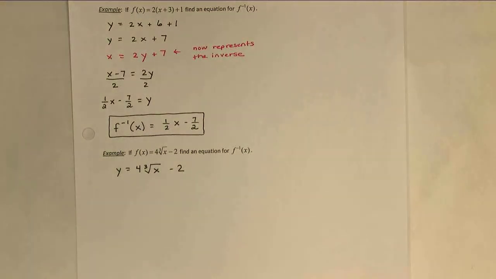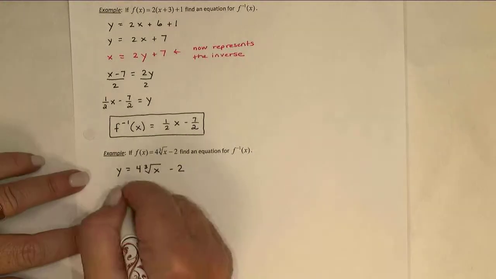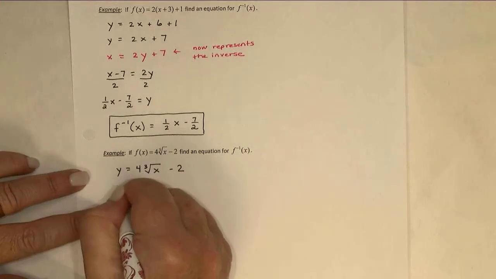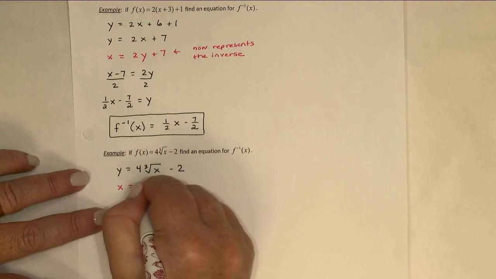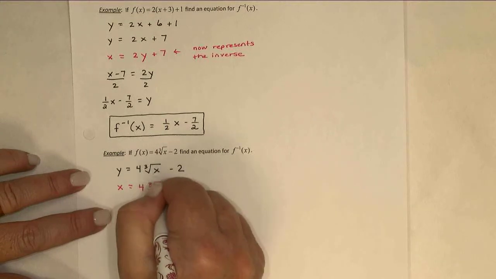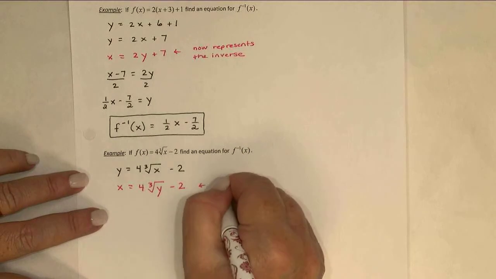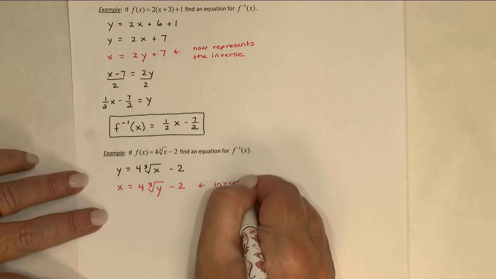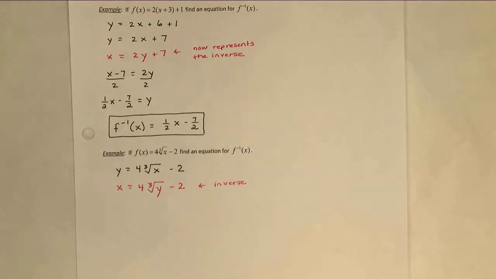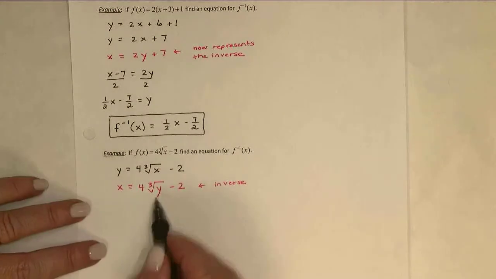And then right away, I'm going to make it an equation for the inverse by swapping the x's and the y's. This is now the inverse. I can't yet write it in inverse function notation, though. In order to do that, I have to solve for the y.